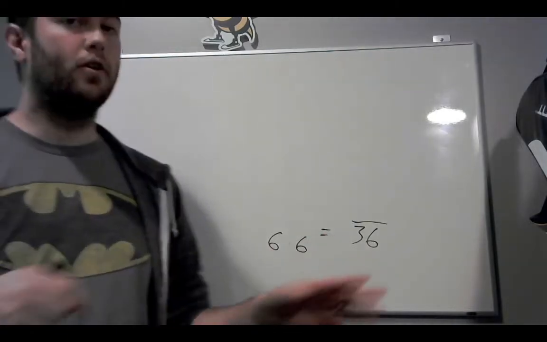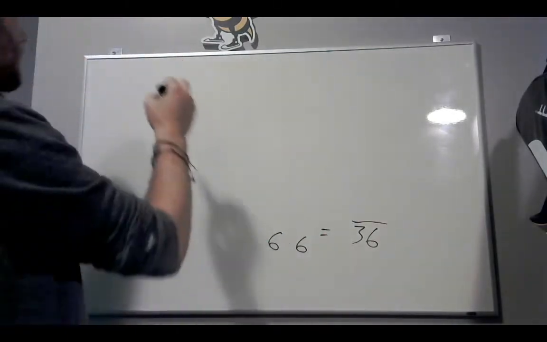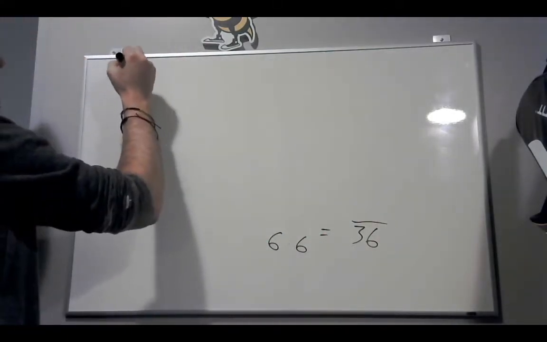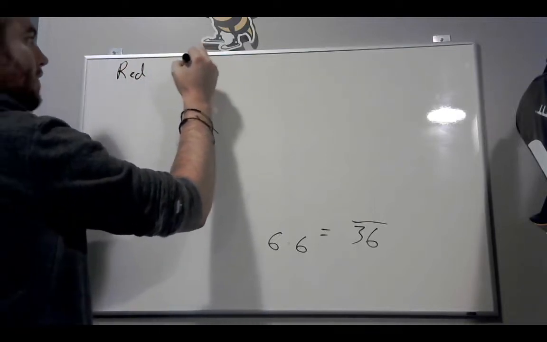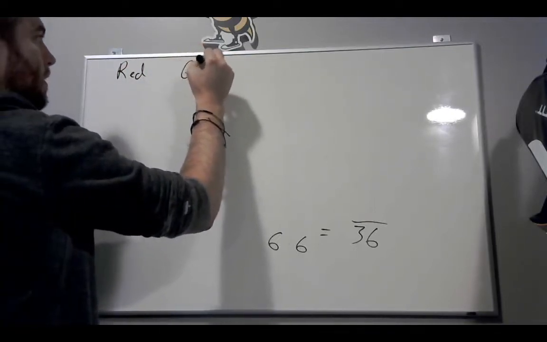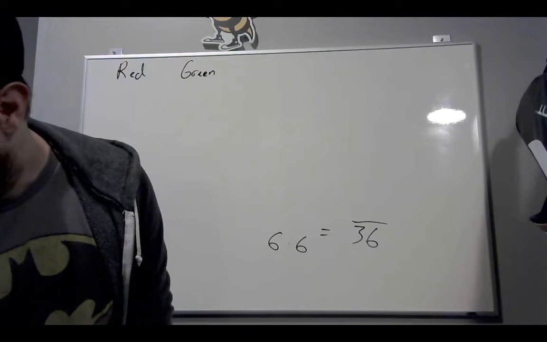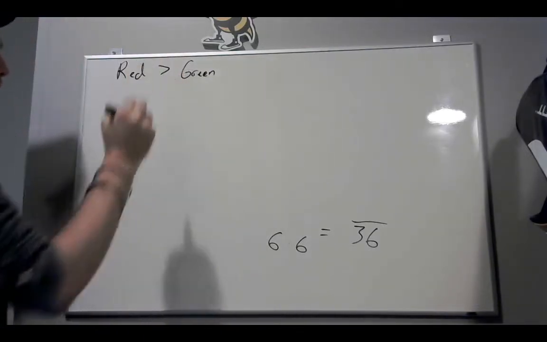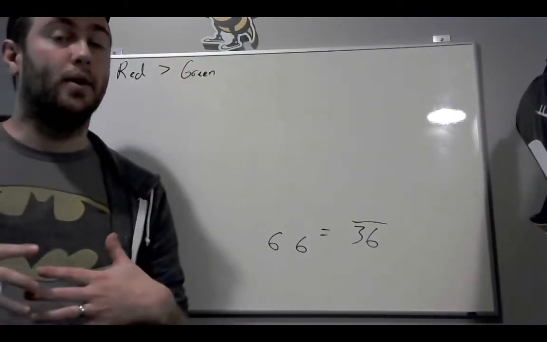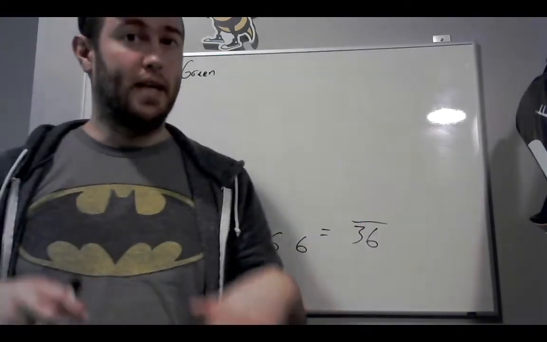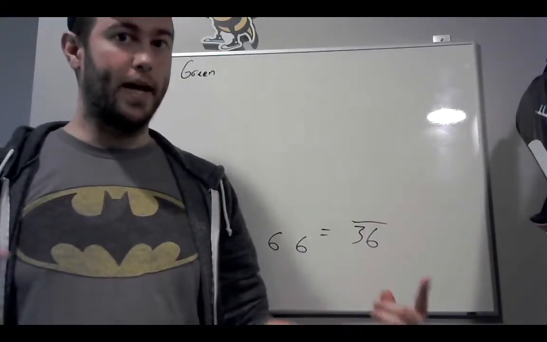So there's only 36 possibilities. So now what I'm going to do is I'm going to be comparing the red die versus the green die. And I want the red die to be greater than. So I need to come up with all the events and count how many times that actually happens.